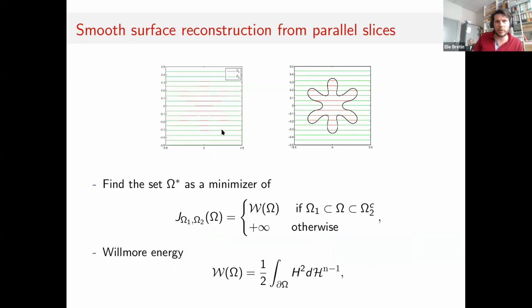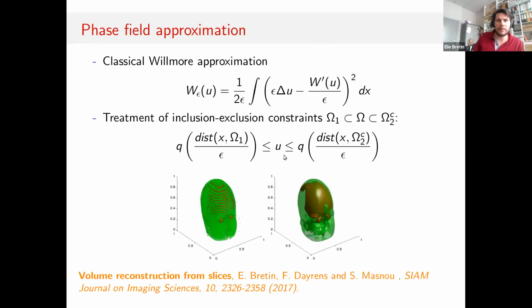If I come back to the example of minimizing the Willmore energy under inclusion constraint, I can do exactly the same. For instance, there is a classical Willmore approximation, which consists in integrating the right side of the Allen-Cahn equation squared.